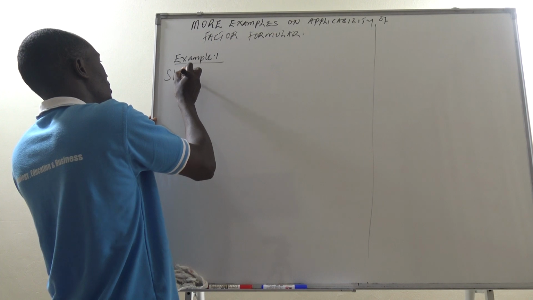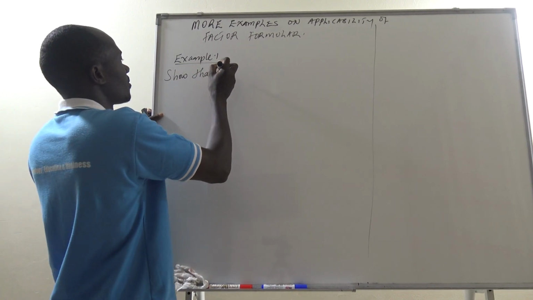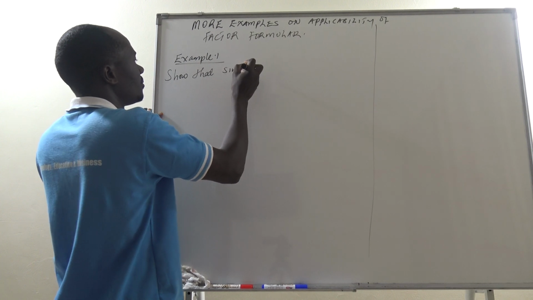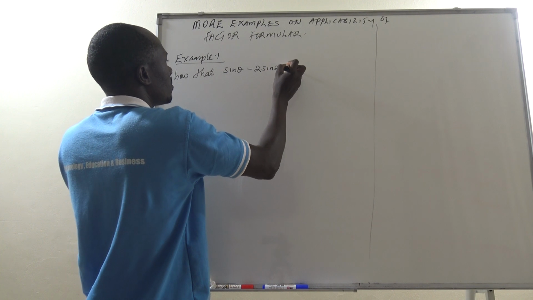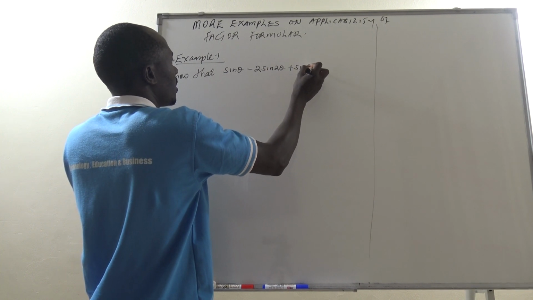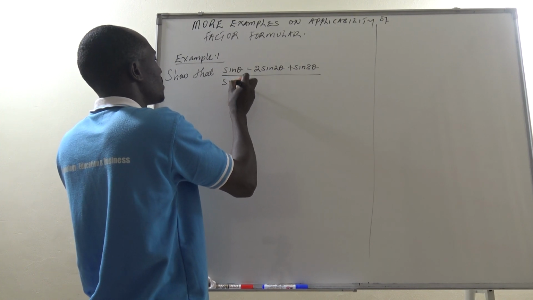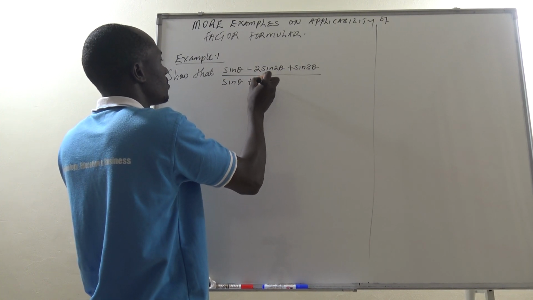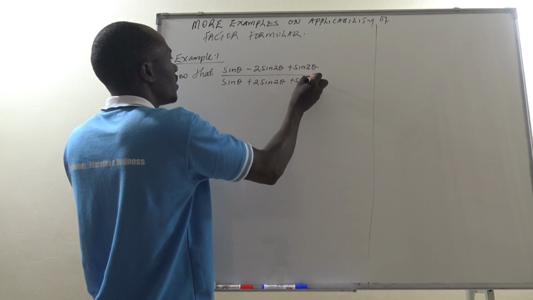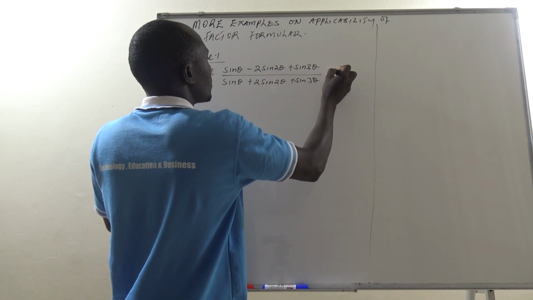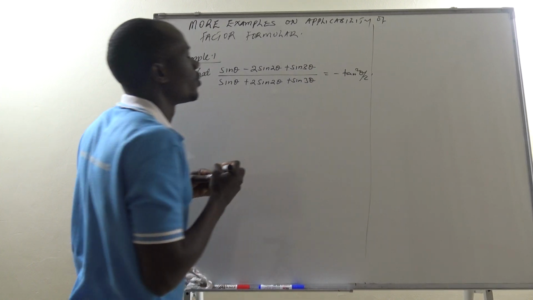I can say, show that (sin theta minus 2 sin 2 theta plus sin 3 theta) all over (sin theta plus 2 sin 2 theta plus sin 3 theta) equals negative tan squared theta by 2.